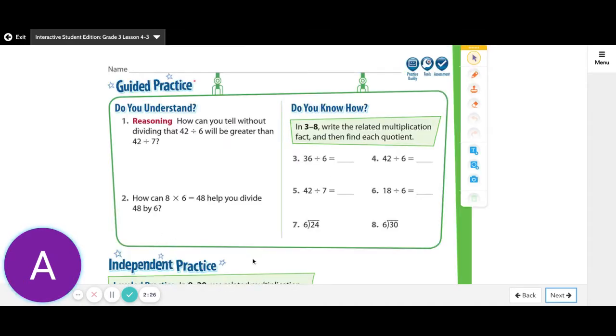Number 1, how can you tell without dividing that 42 divided by 6 will be greater than 42 divided by 7? So I can think about 42 divided into 6 groups. There'll have to be more in each group than if I have 7 groups. So I know that the more groups we have, the smaller each group will be.